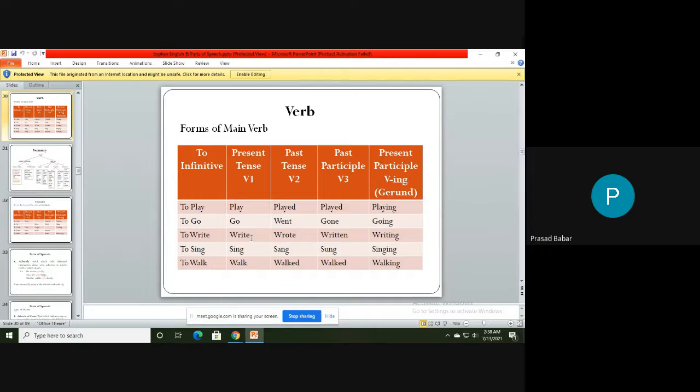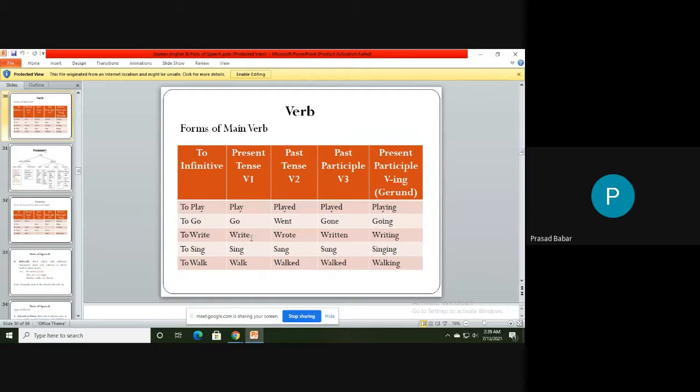The play is a present form of a verb. Then what will be its infinitive form? To play will be its infinitive form, and its past tense will be played. We add ed to the present form and we form past tense or second form V2.